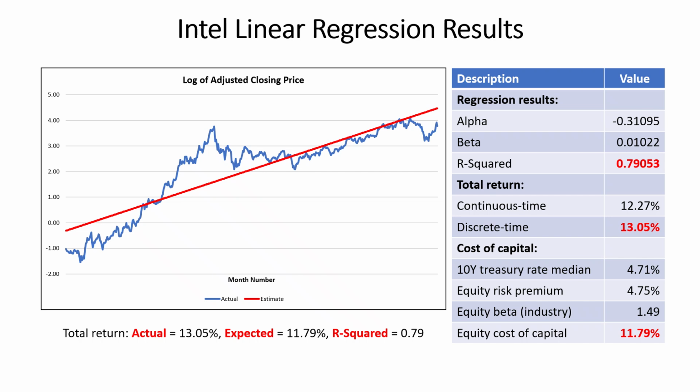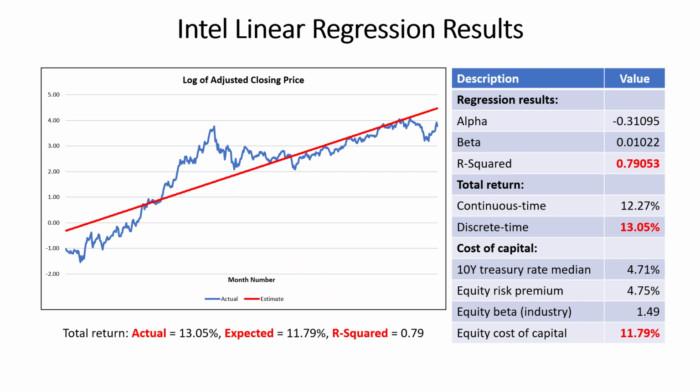But that's in continuous time. So what we want to do is convert that to discrete time. So we get 13.05%. So Intel has earned a discrete time total return over its stock price history of approximately 13.05%.